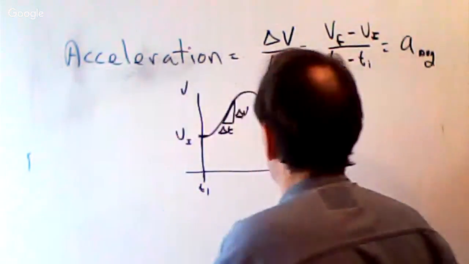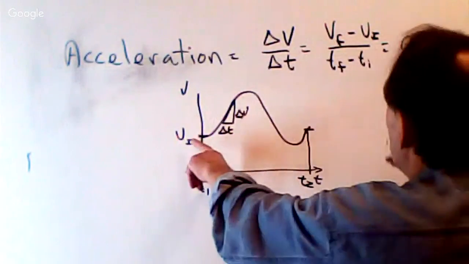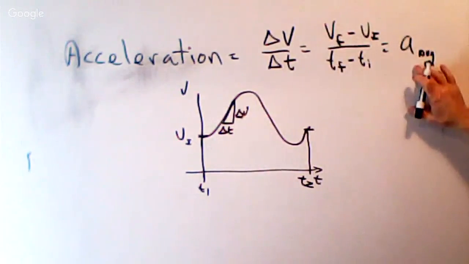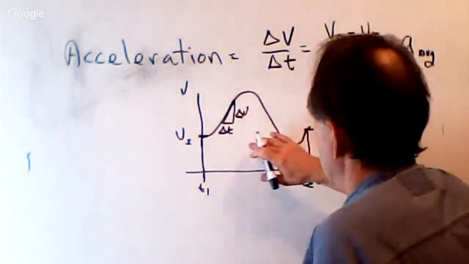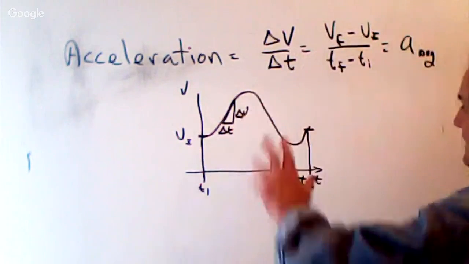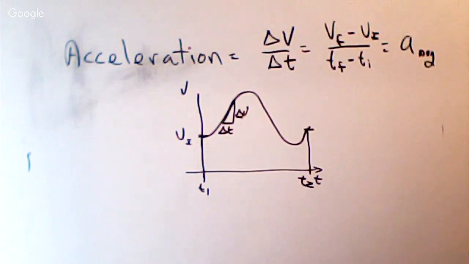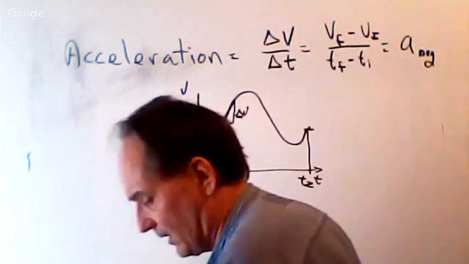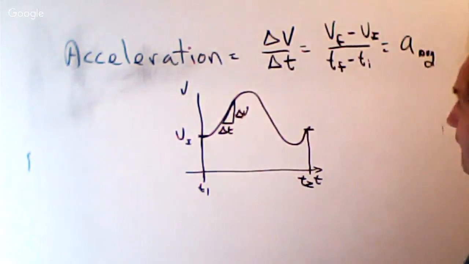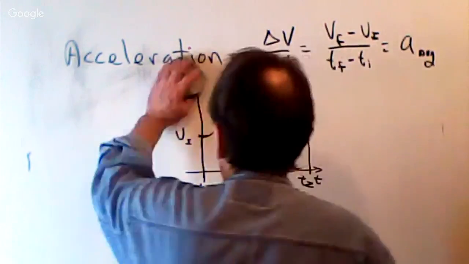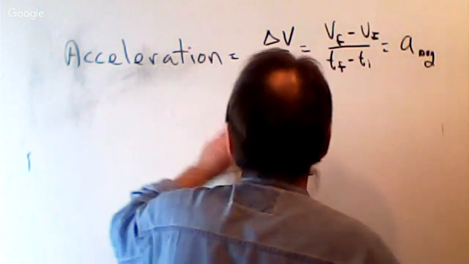So the instantaneous acceleration is changing with time, but the average acceleration over an interval may be 0. It could be the same value as the instantaneous acceleration at some point. So you have to be careful on the time interval that you choose for computing your acceleration. But all acceleration is, is that it tells us how velocity changes with time in an object's movement.